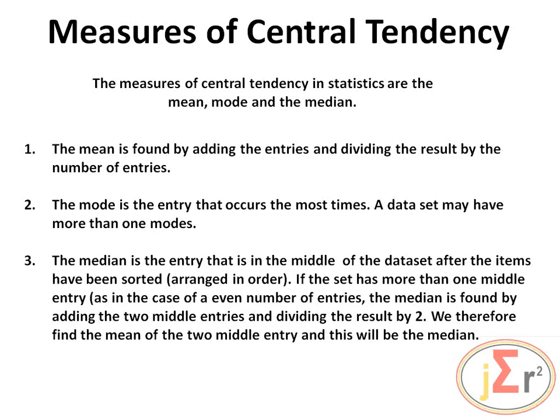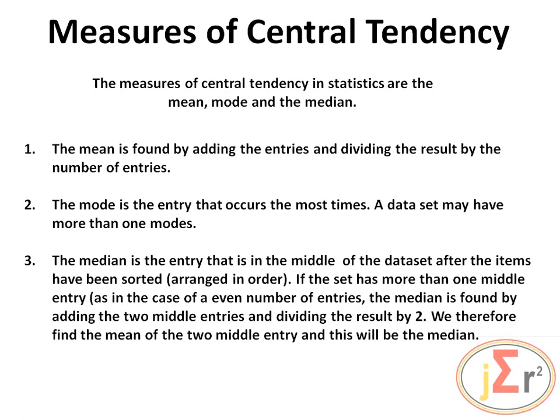Sometimes we choose the number that is in the middle of the set, and for some data sets that is a representation of the entire set. Sometimes we choose the one that occurs the most, and under certain circumstances that single entry is a very good representative of the entire set.